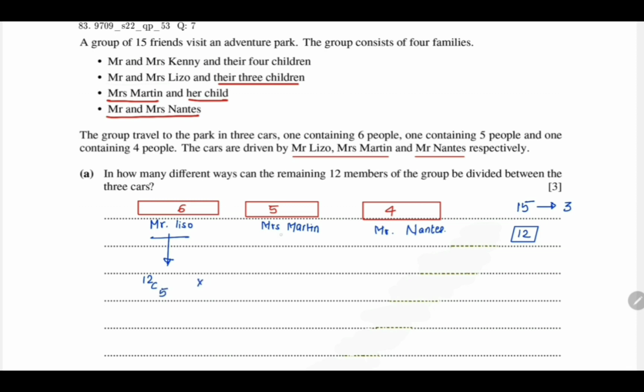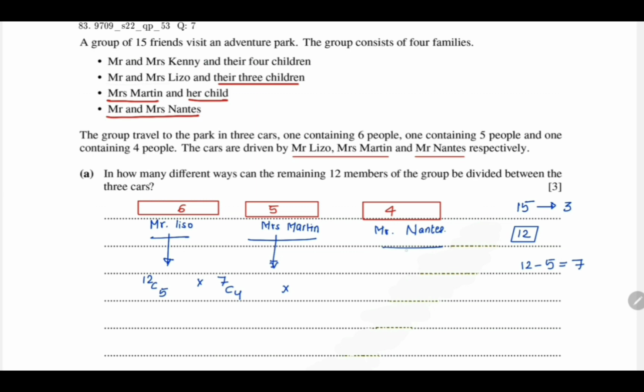For the second car, Mrs. Martin is fixed, so we have 4 vacant seats. If I subtract 5 from 12, I get 7. So the remaining 4 people in the second car can be chosen out of 7 remaining people in 7C4 ways.